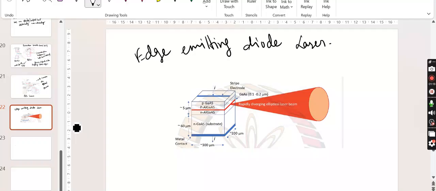A laser based on such a cavity would thus emit through its ends and is therefore termed an edge emitting laser. So this is the active region, and this length is the active region.